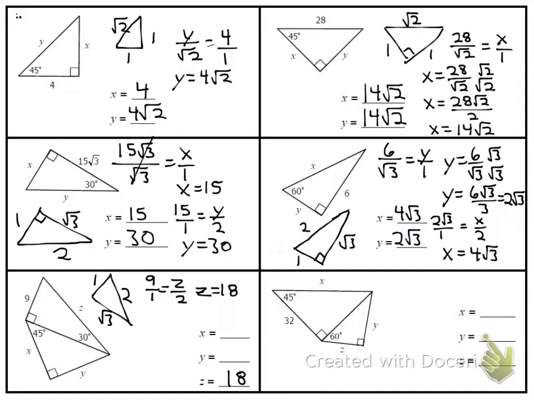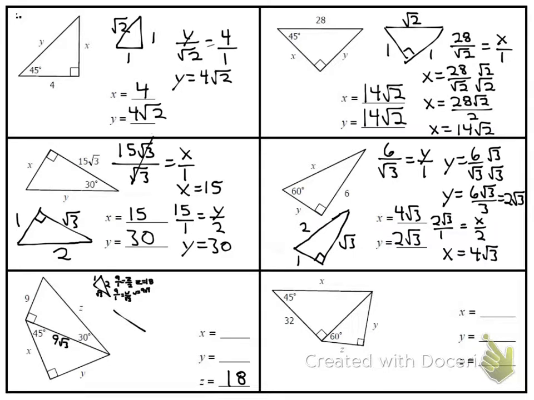Next I'm going to go 9 over 1 gives me this mystery side, let's call it w, just because we need a letter. 9 over 1 equals w over root 3. Now that gives us that w is 9 root 3. Now it's not really something we're solving for, but let's just write that in now, because now we can use it. 9 root 3. So now we go to our reference triangle on the bottom, which is the 45, 45, 90.